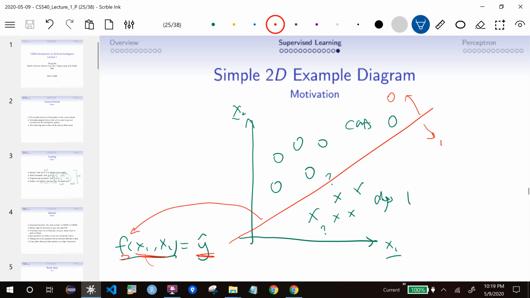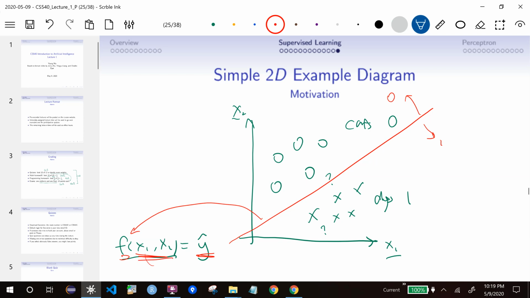So in 2D, it's kind of obvious what we should do: we can write down the equation of a line, and then when it's above 0 and when it's below 0, we can classify, return, 0 and 1. But it's not very clear how to do it in higher dimensions, because usually we have more than 2 dimensions.